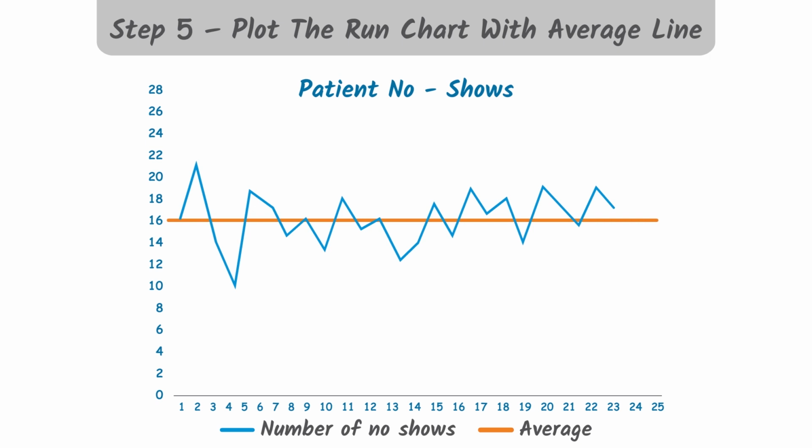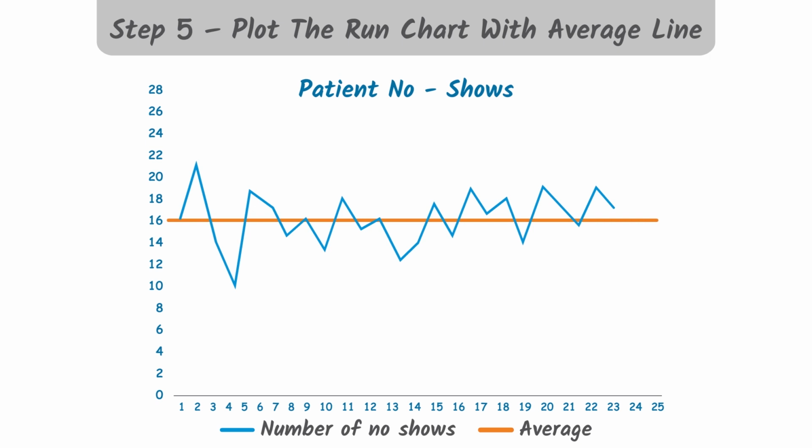In technical terms, this is called a simple run chart with average line. What we get next when we calculate upper and lower limits and put those on this chart is a control chart. So let's go to step number 6.